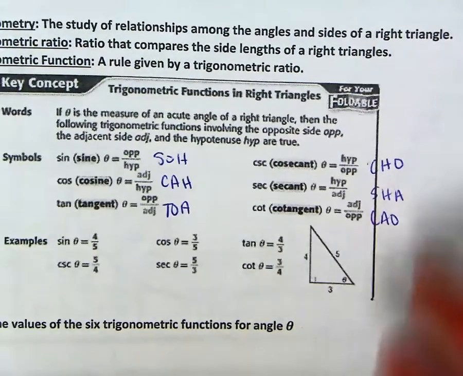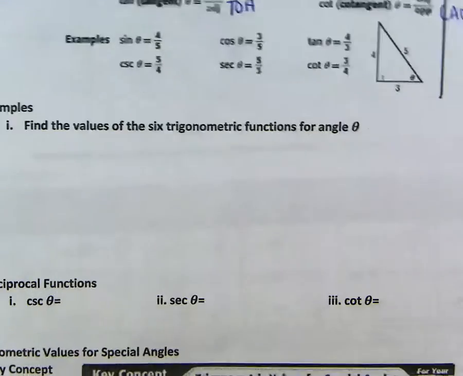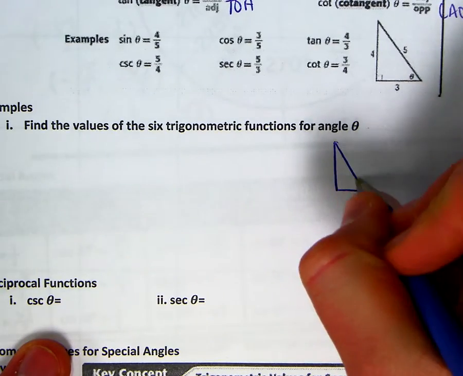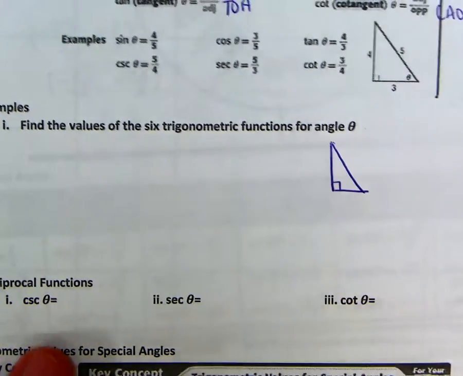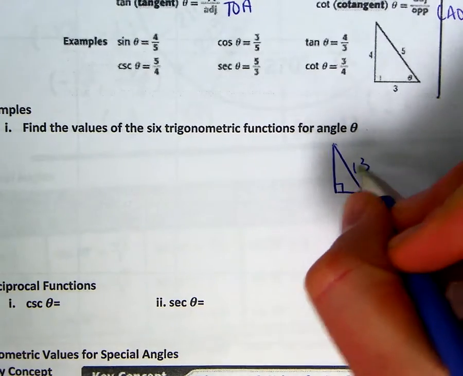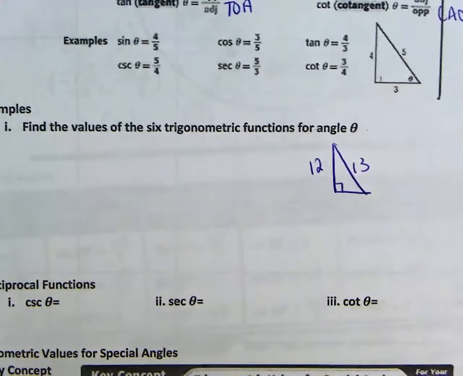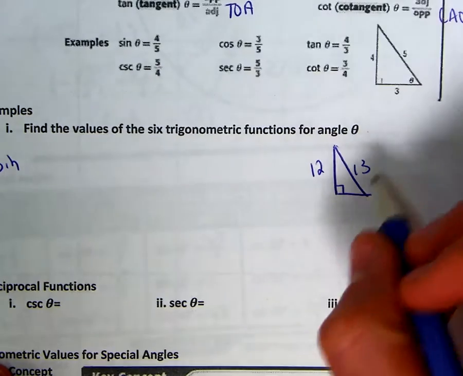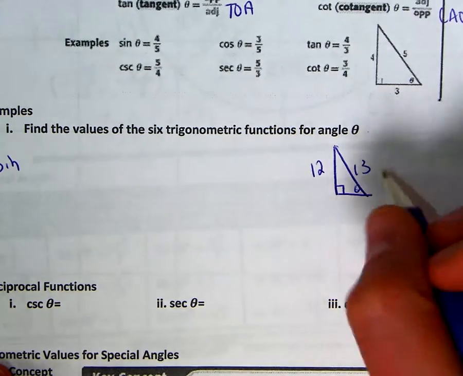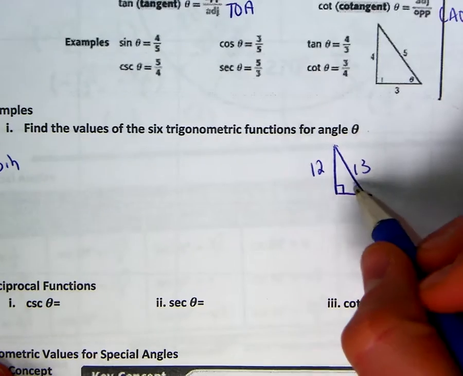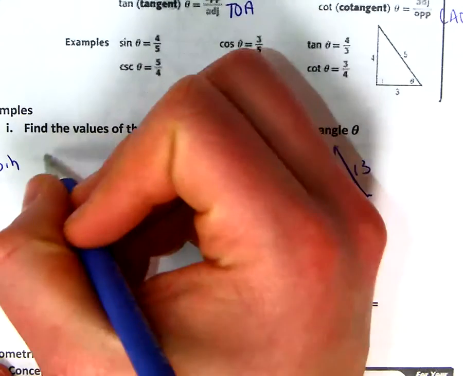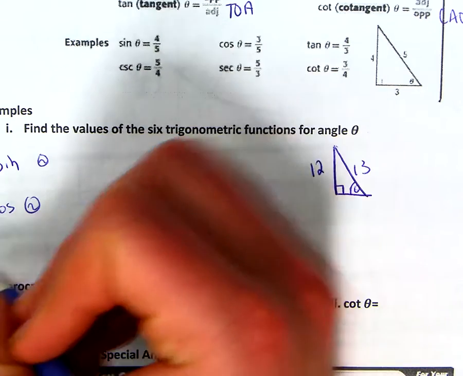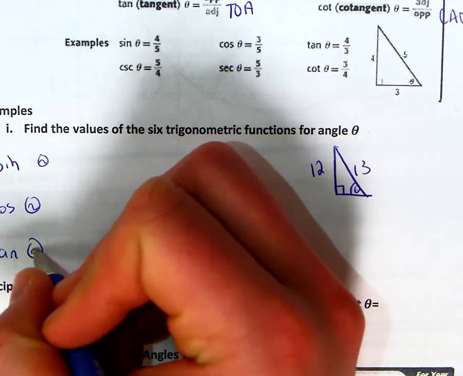So now the first example, what you could have is I might give you a right triangle. You know for a fact the hypotenuse is 13, and one of the legs is 12. And we need to find sine, and we'll put theta right there. So the angle we're going to look at is this angle right here. We have sine theta, cosine theta, and tangent theta.